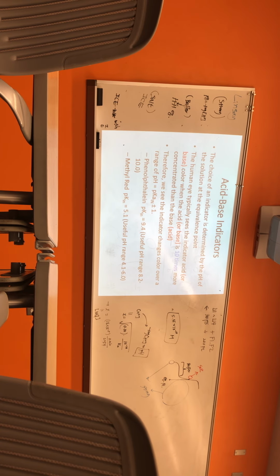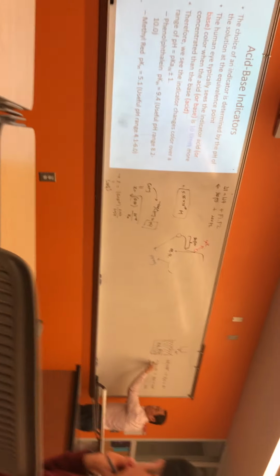So the base neutralizes all the acid, and then the moment it starts neutralizing the indicator, the additional hydroxide neutralizes the indicator, making the conjugate base of the indicator.